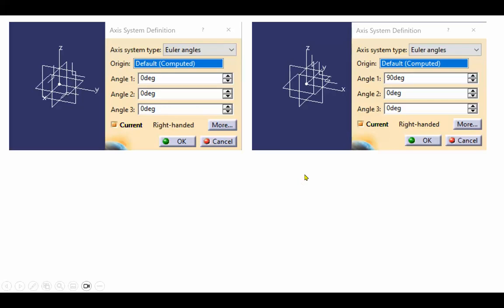Sequence ZXZ means that this first angle that you put in there is a rotation about the Z axis, the Z axis that you have. Now, this is what we had here. We had the original situation on the left side.